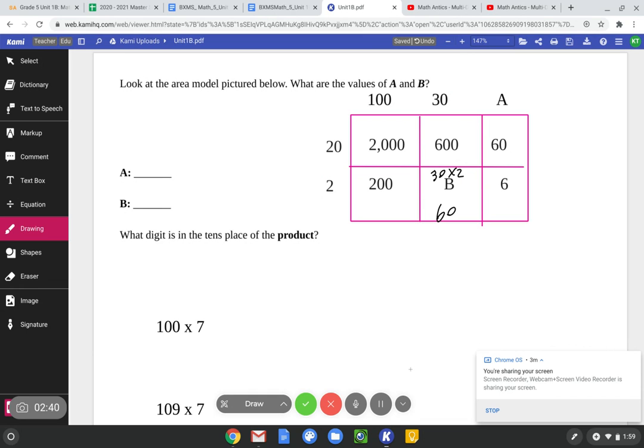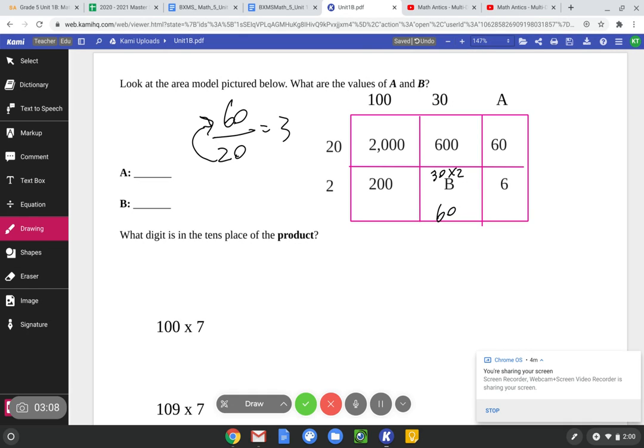Okay, but now I'm trying to figure out A. I would multiply whatever number is here with 20 to get 60. So what would I need to multiply with 20 to get 60? I could put 60 over 20 equals, and then 20 goes into 60 3 times.